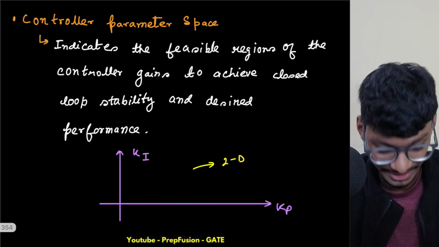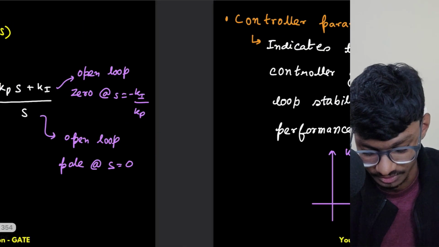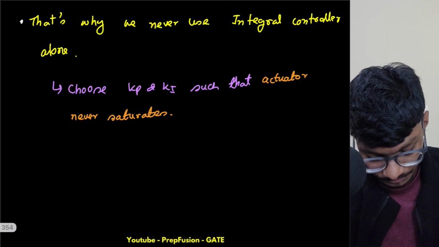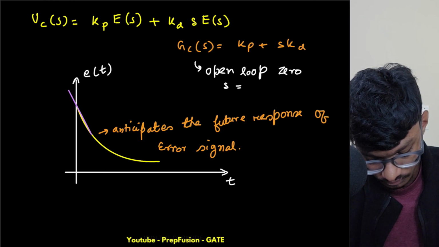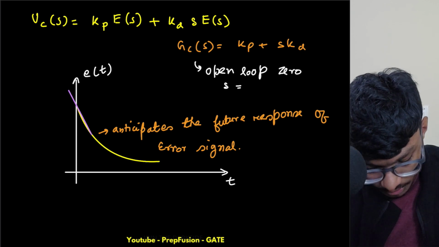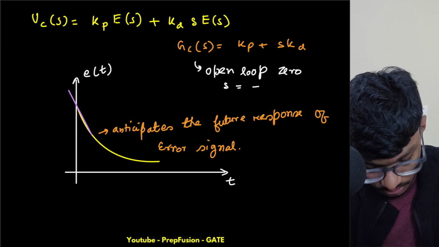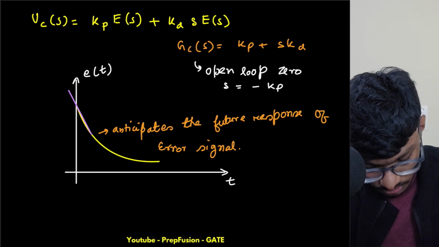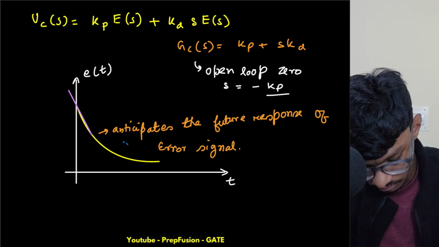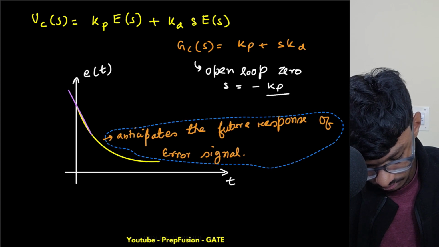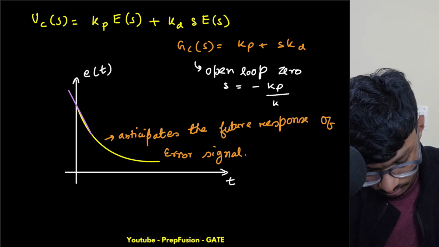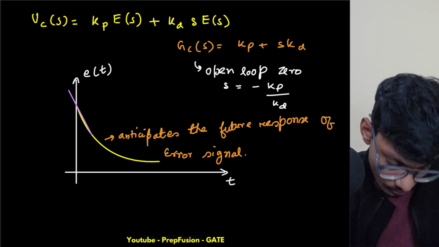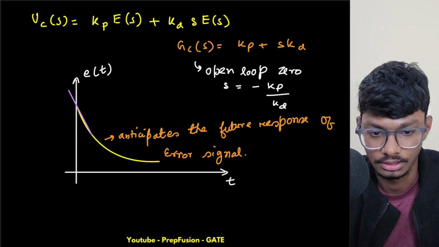Yeah, minus kp, I thought I wrote plus kp or 1 kp. Okay, where were we? Yeah, we were here. So open loop zero at minus kp upon kd. Okay, minus kp upon kd. So yeah, this is the thing.